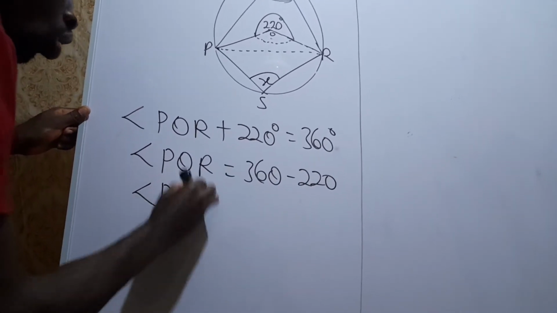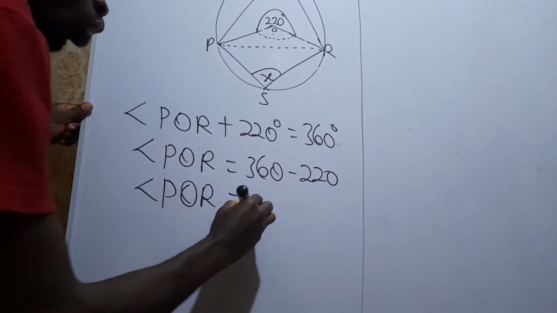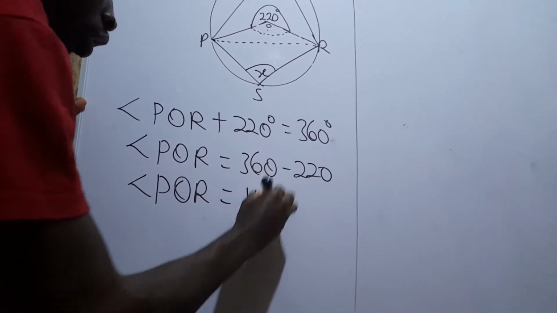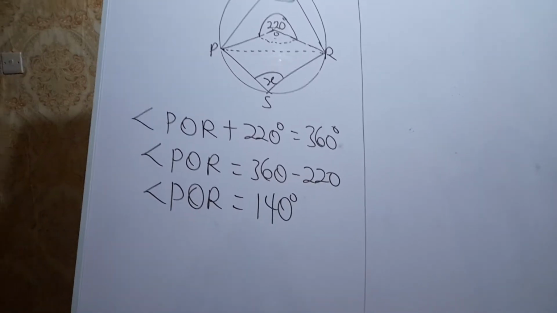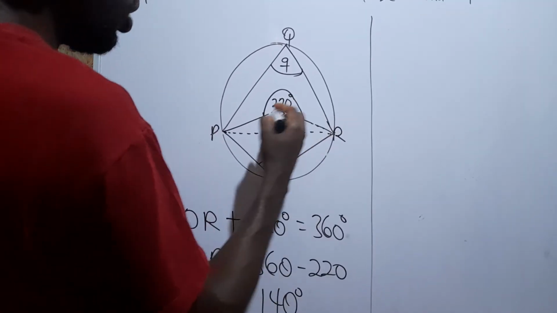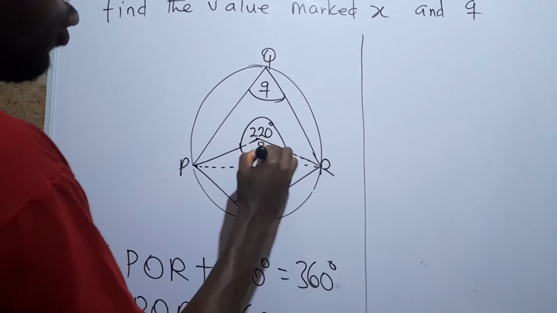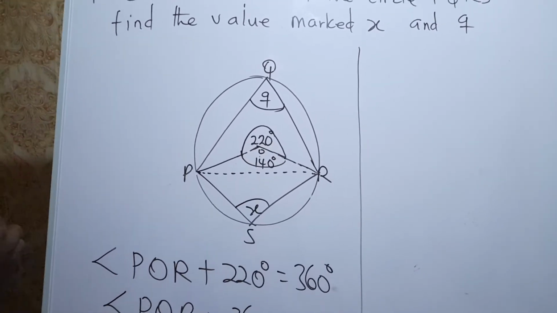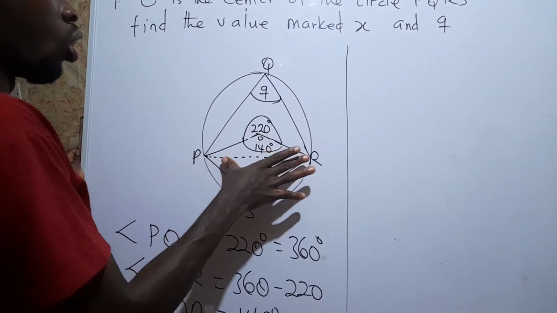Angle POR will be equal to 140 degrees. So we're able to calculate the angle here to be 140 degrees.